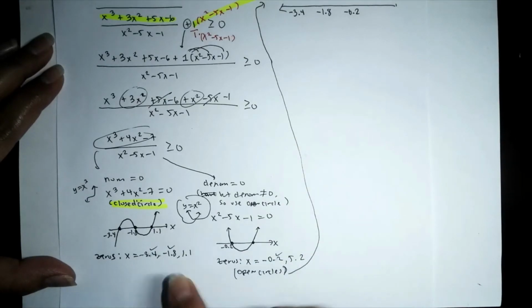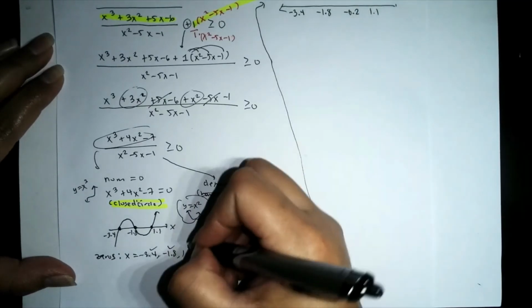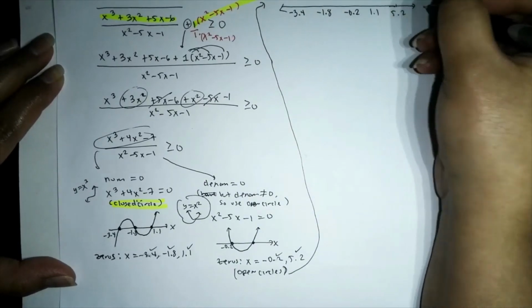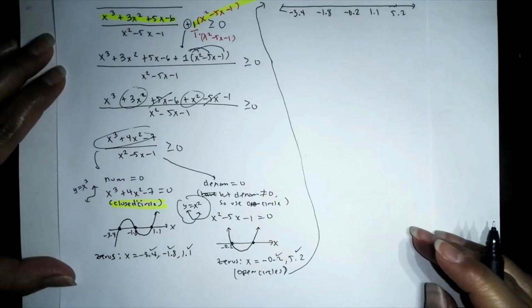Then we should have 1.1, followed by 5.2. Let me extend it. Okay, so that is our number line.